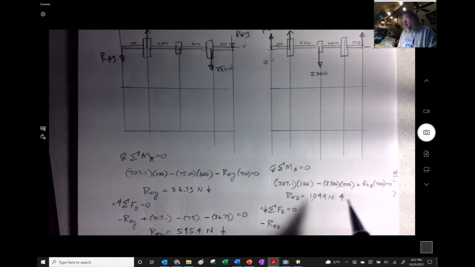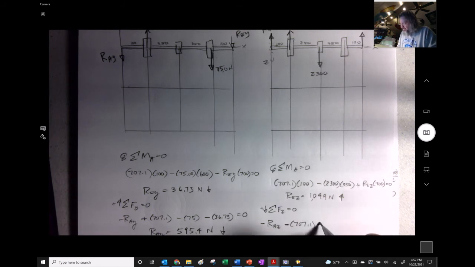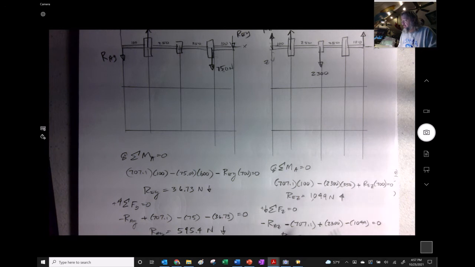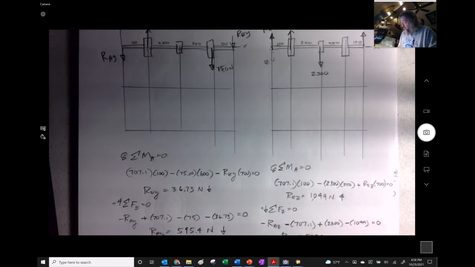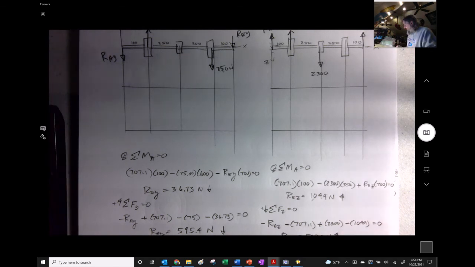Then we have negative 707.1, and then a positive 2,300 coming down, and then a minus 1,049 equals 0. So RAZ is going to be 543.9 newtons, predicting that way.